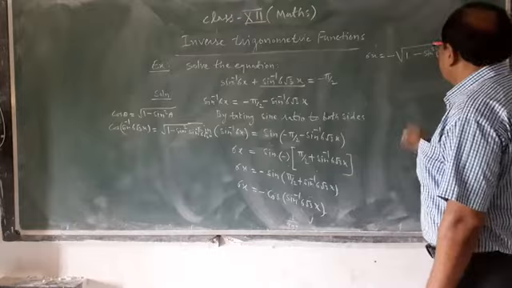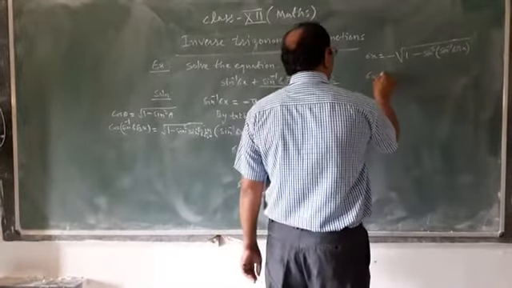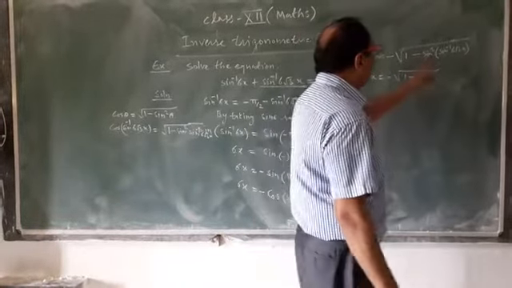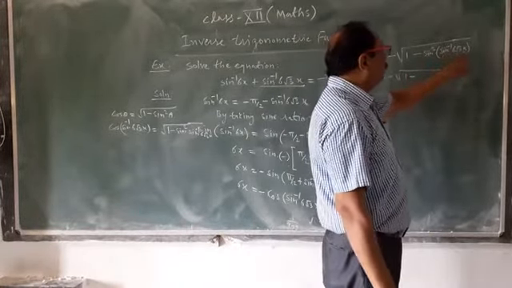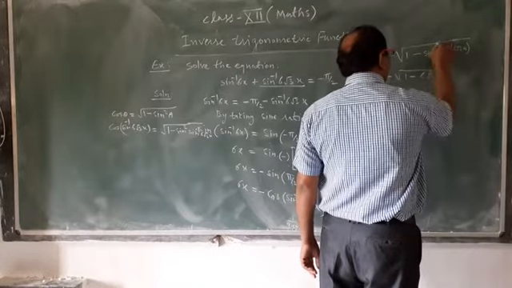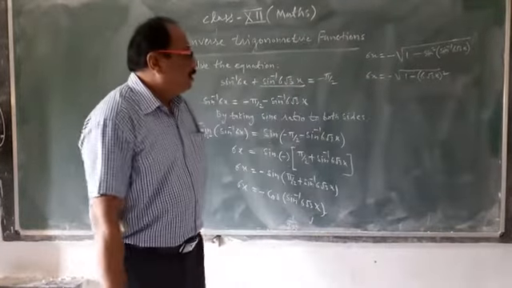So 6x is equal to minus square root of 1 minus, it is 6 root 3x, but square is there, therefore it is bracket square.